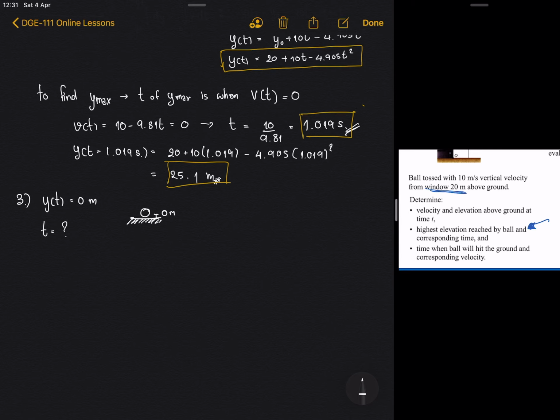Okay, so we have the formula up there already: 20 plus 10t minus 4.905t squared, and then this is equal to 0.